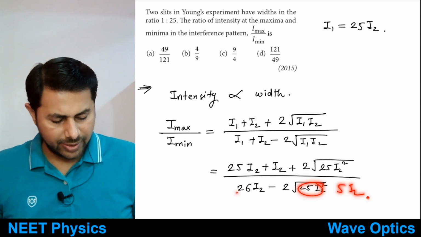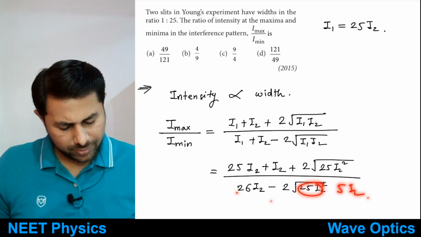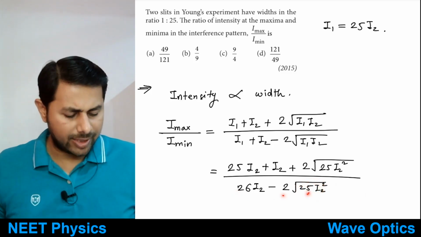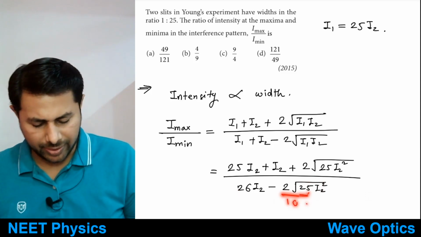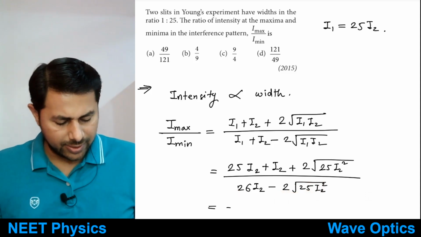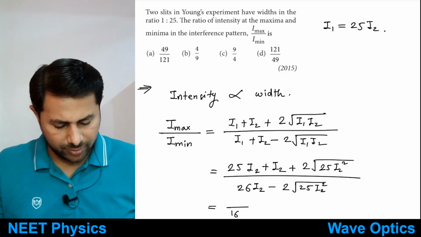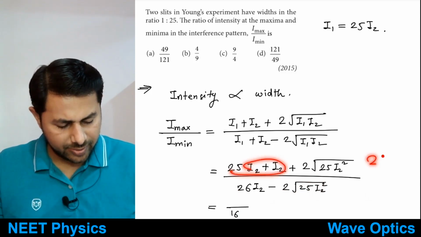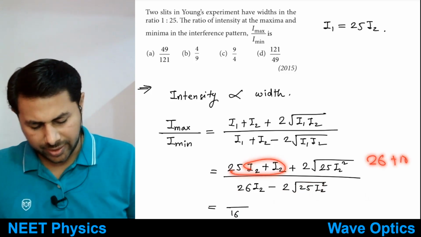Okay, 26 minus 5, right? 26 minus this would be 10, no? 5 times 2 is 10, so that's 16 I2, and in numerator you will have 26 plus 10, so that would be 36.